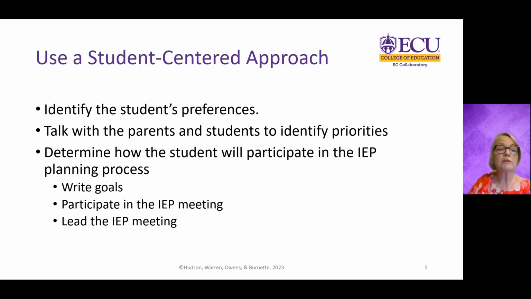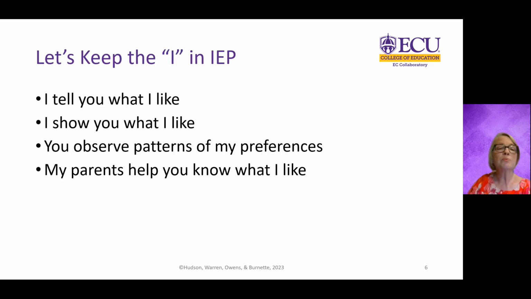And maybe have a leadership role in the IEP meeting. It's important that we keep the I in IEP. The student themselves: I tell you what I like. I show you what I like. You observe patterns of my preferences, and my parents help you to know what I like.